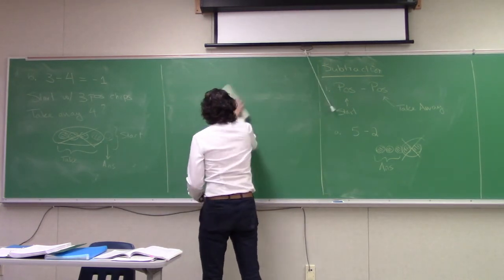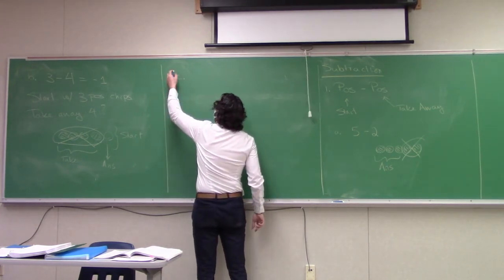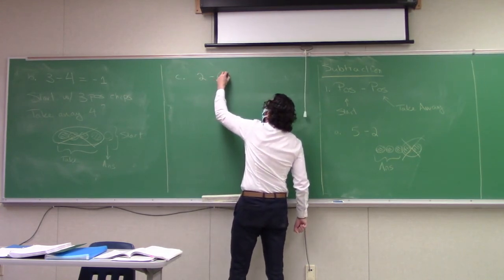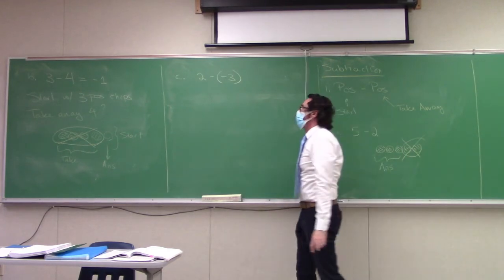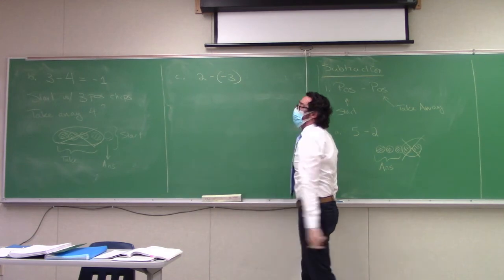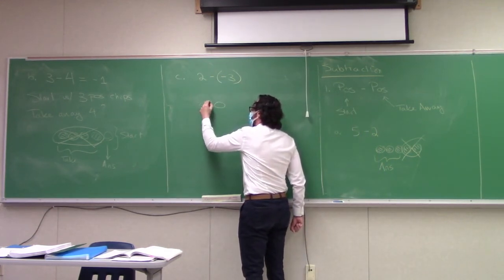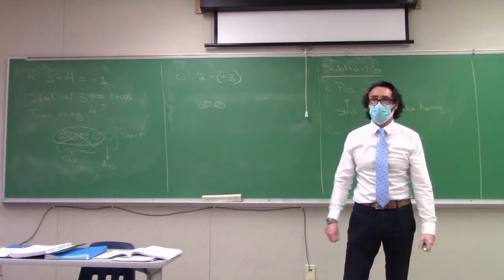All right, now how about something like this? Okay, 1 minute, we'll do one more example. What if I had, let's say, 2 take away -3? So this means I should take away that many negative chips. So is this a useful way to represent 2 as my starting point?